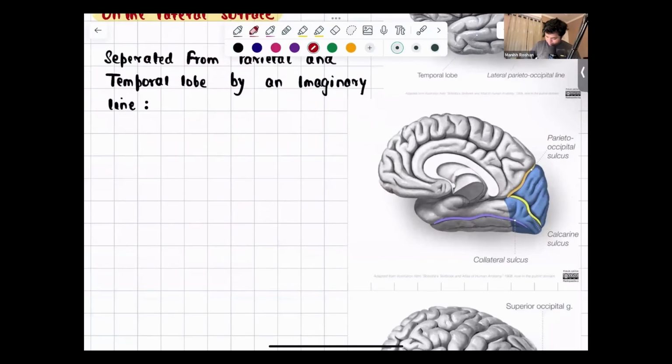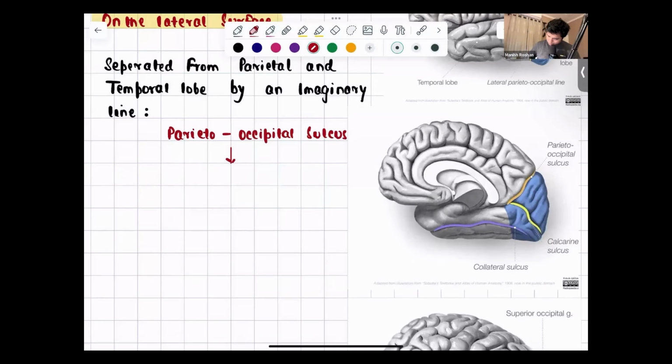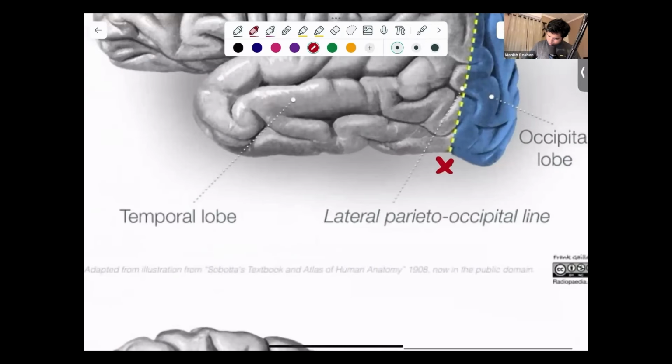Okay, this line runs from the parieto-occipital sulcus to a notch on the lower surface. This notch over here is called the pre-occipital notch.